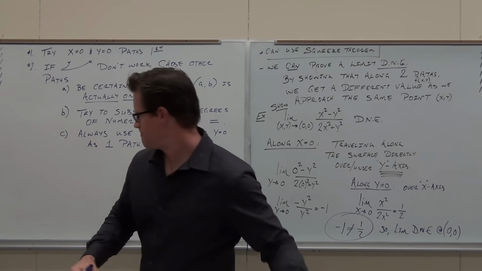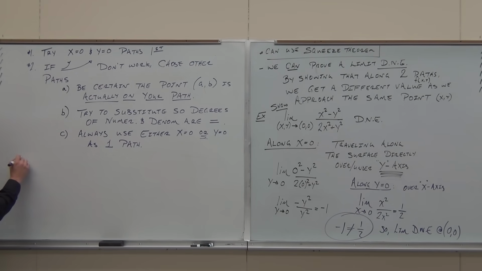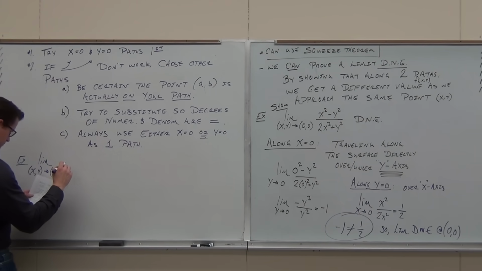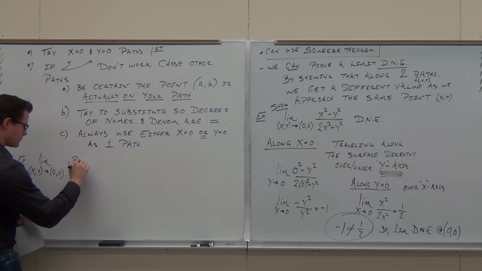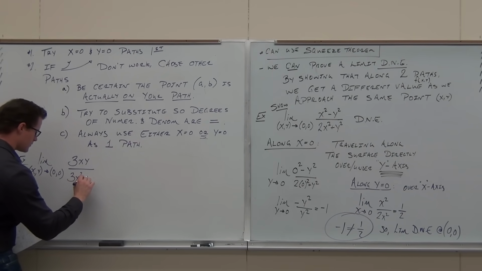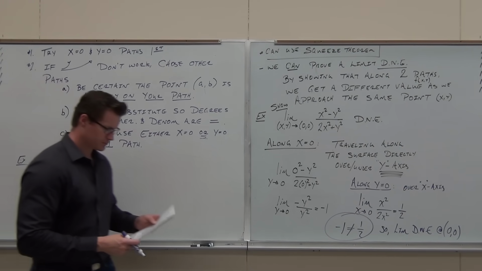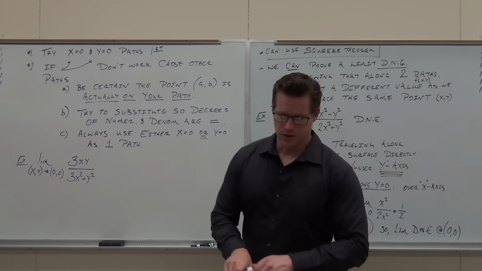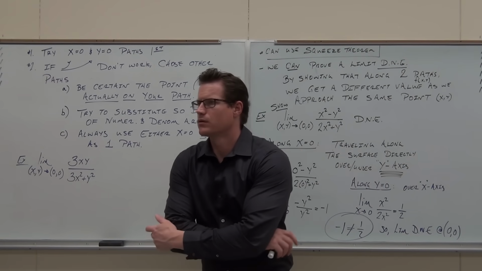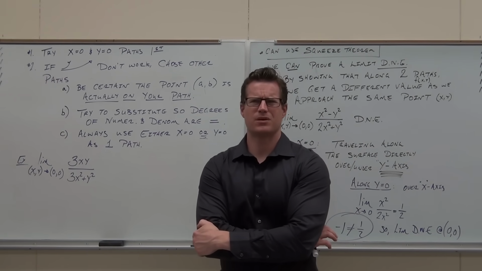Let's do the limit here. How many independent variables do you have? Okay, so this is going to be a what type of surface?